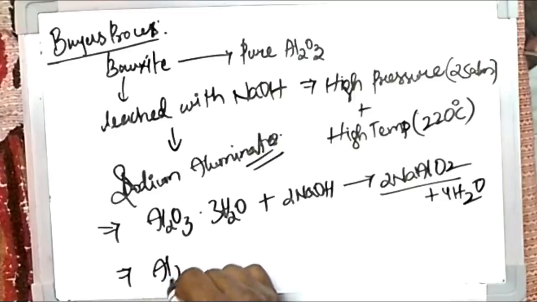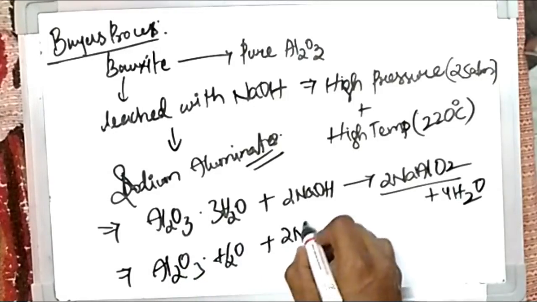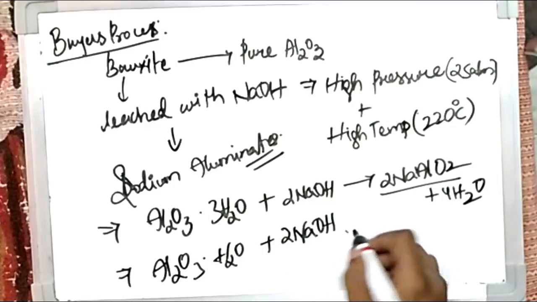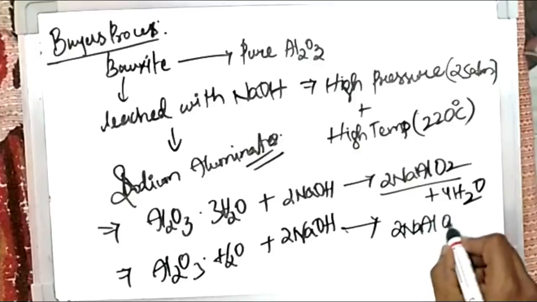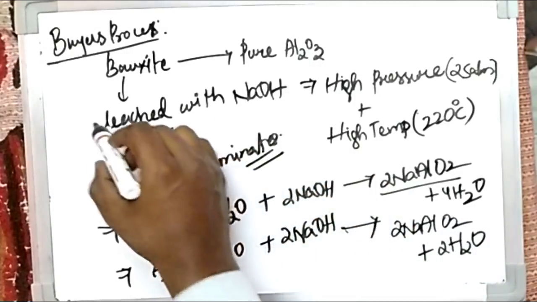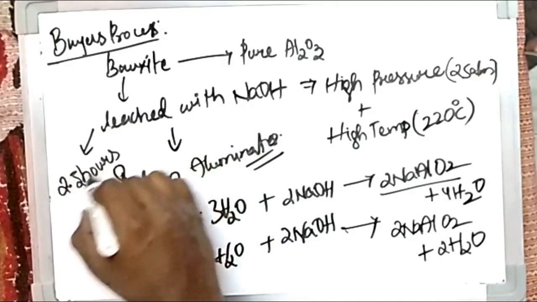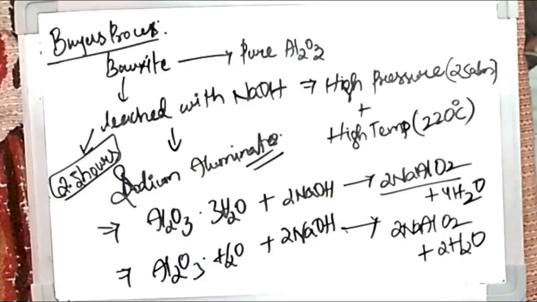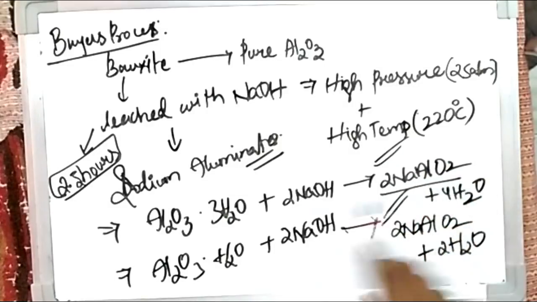Similarly, the other one, the monohydrate, also reacts with NaOH and forms the same, 2NaAlO2 plus 2H2O. This leaching is usually done for 2.5 hours. So the bauxite on leaching with NaOH forms sodium aluminate, NaAlO2.